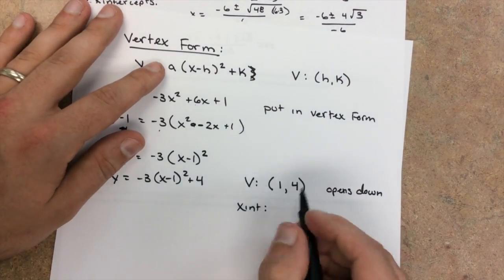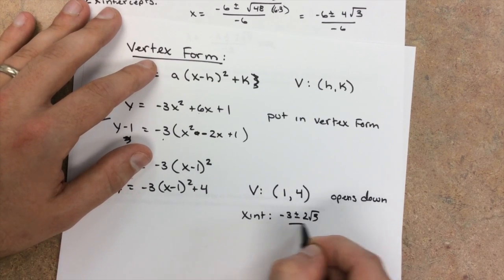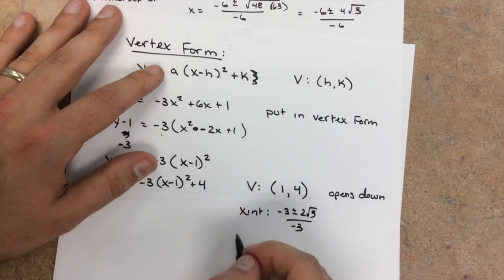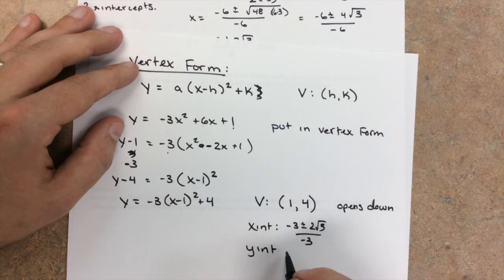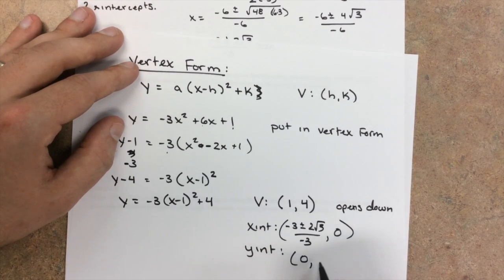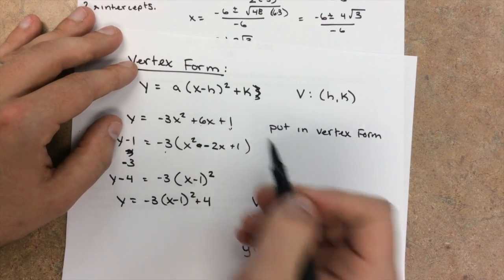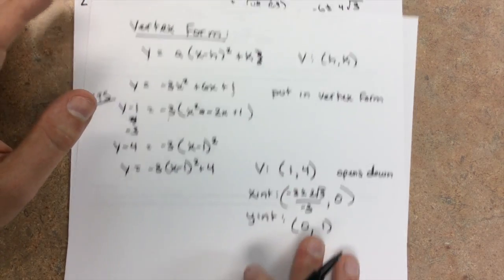So let's just graph this, where x-intercepts were negative 3 plus or minus 2 root 3 over negative 3. Our y-intercept is just from our original problem. It is (0, 1), because that's always going to be our last number. And now we have enough information to graph this.